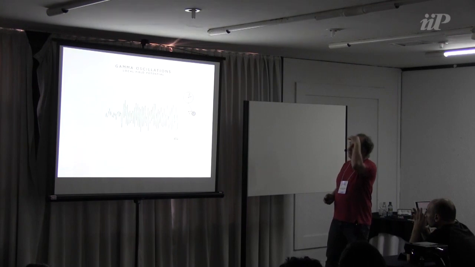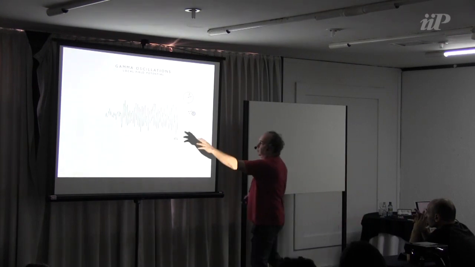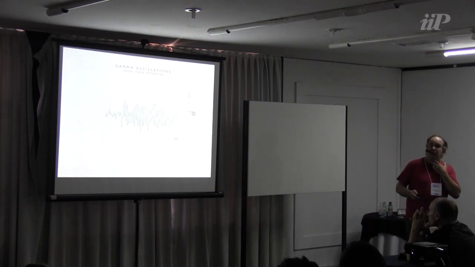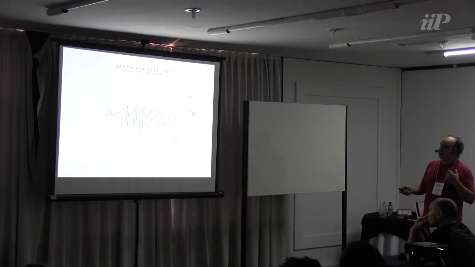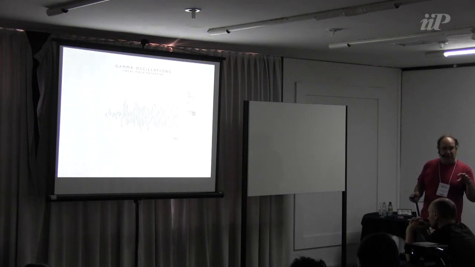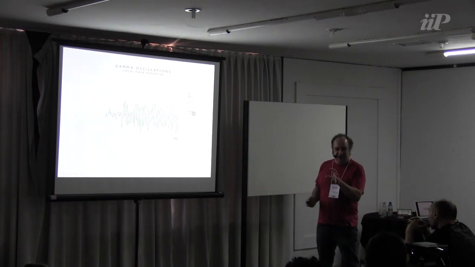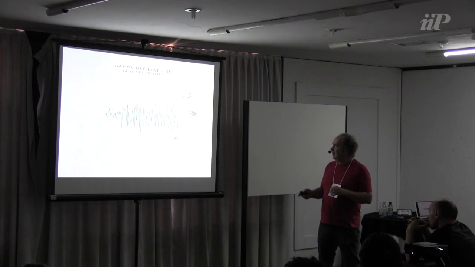And here is local field potential recorded from V1 in a behaving monkey. It's very clear that these responses of the population of cells are very organized in time. They oscillate like a sine wave in this case. If you do a power spectrum here, you have a very clear single peak.